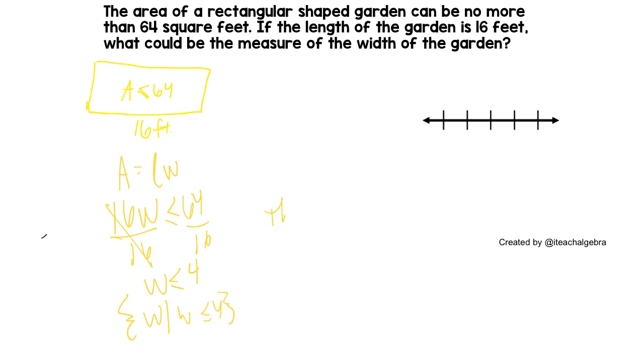That means the width of the garden can be no more than 4 feet. If we put this on our number line, 4 gets a dot, and we will shade to the left.